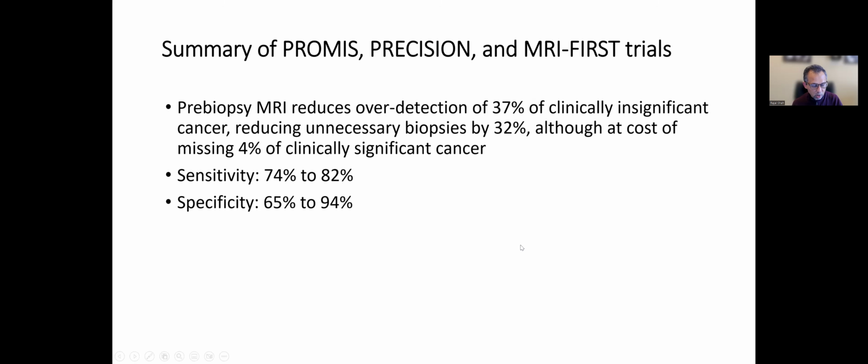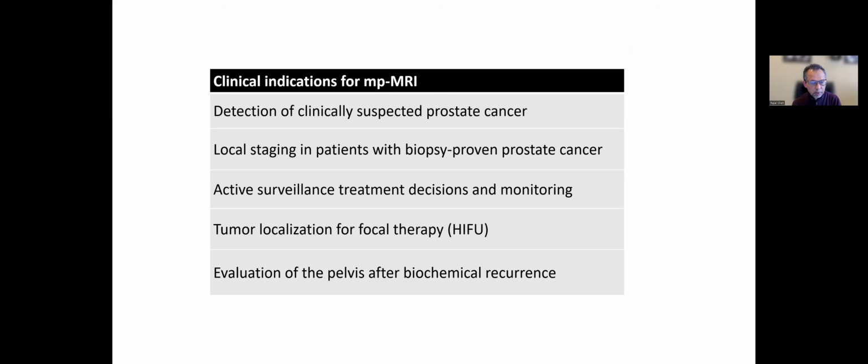So there has been a broad range reported. And its negative predictive value is high. It means if you have a negative MRI, you could potentially spare the patient an unnecessary biopsy, but at a small risk of missing a clinically significant prostate cancer.